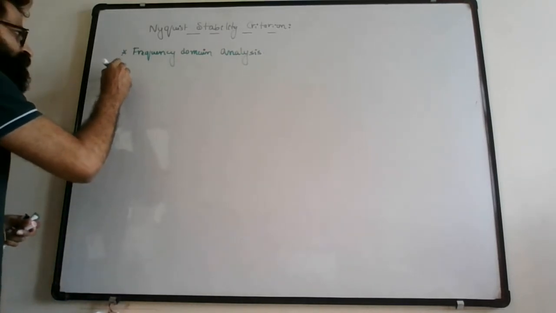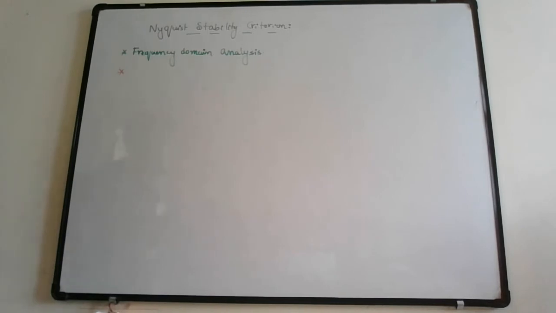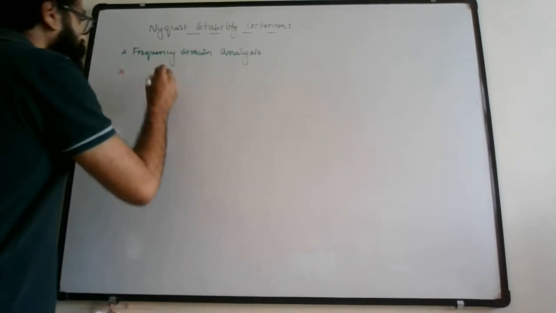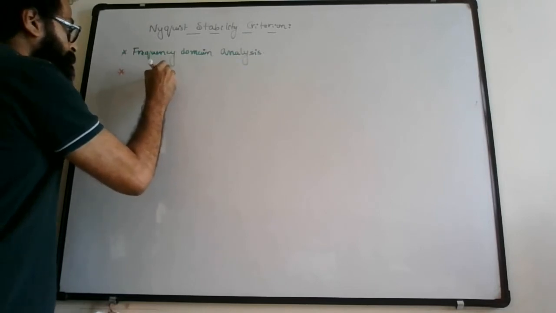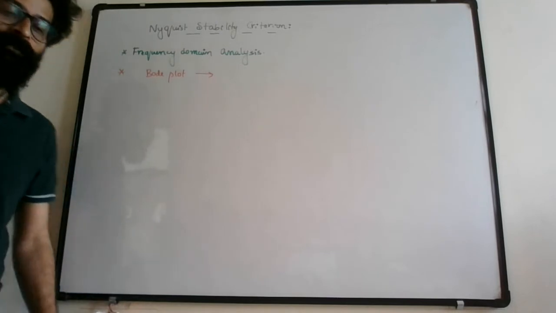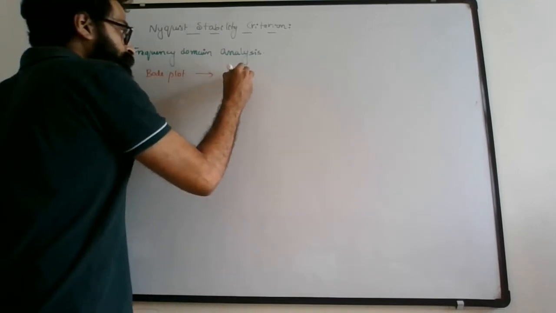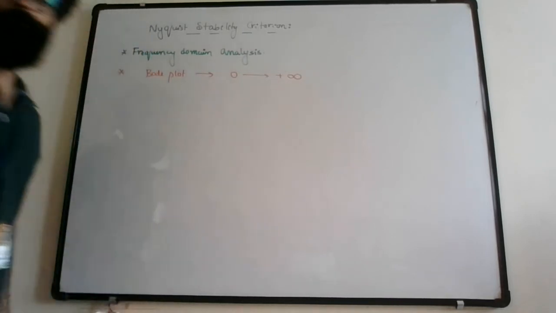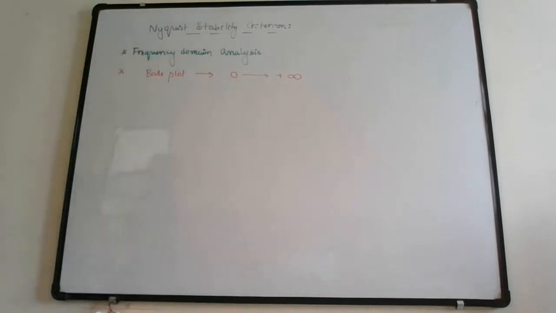Now, the major difference between Bode plot and Nyquist plot is that in case of Bode plot, we change the frequency from 0 to plus infinity.